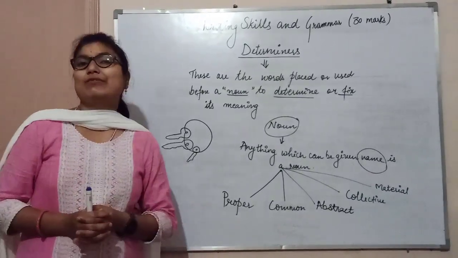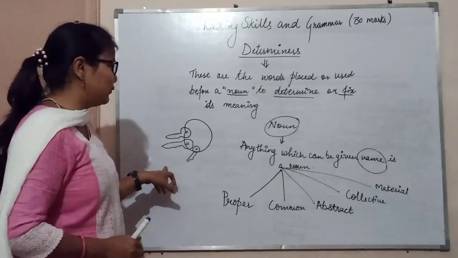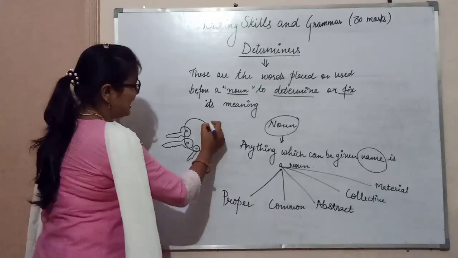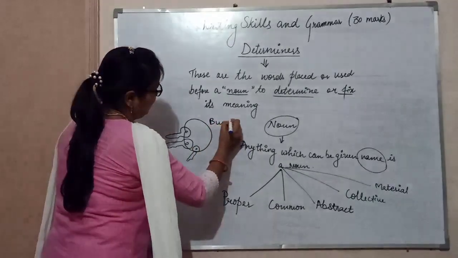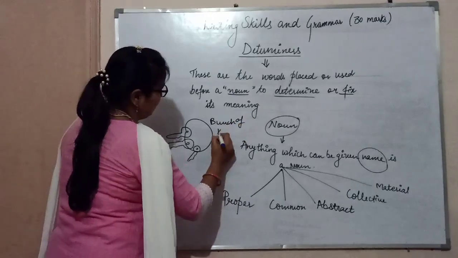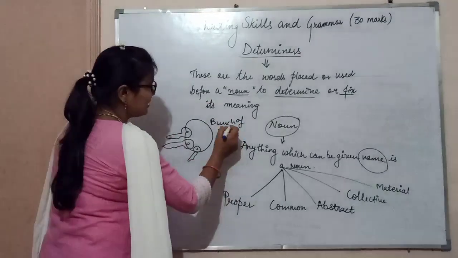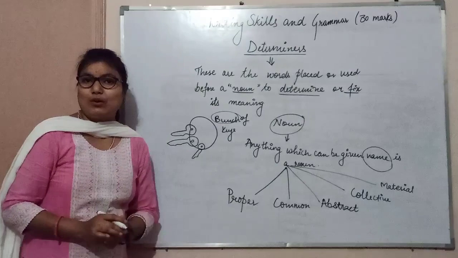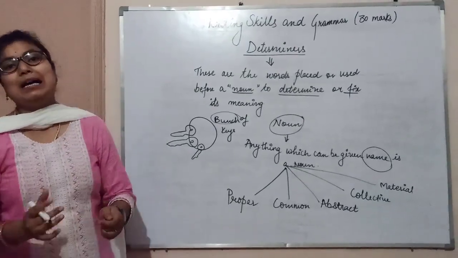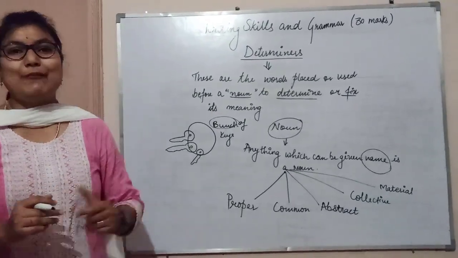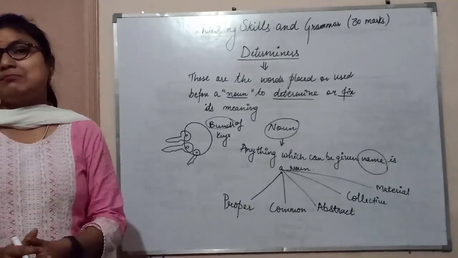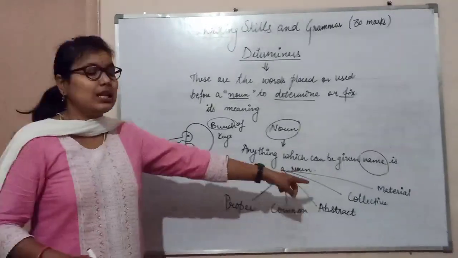The collection of things is known as collective noun. For example, this is known as a bunch of keys. So bunch is a collective noun. Or the basket of fruits, a flower pot which is containing many flowers is known as collective noun.